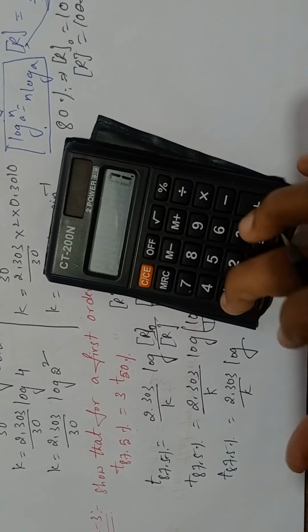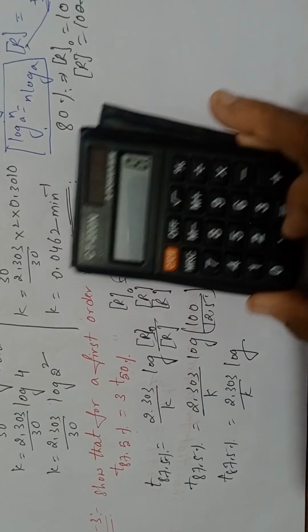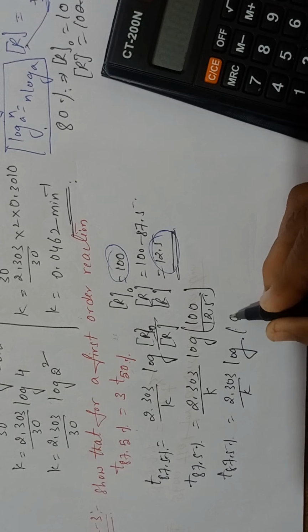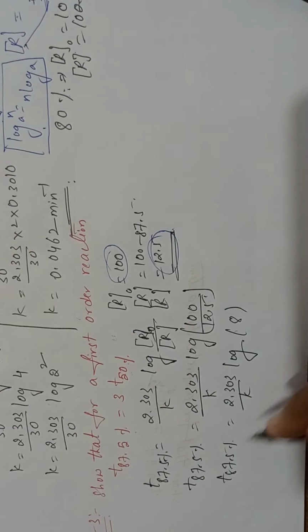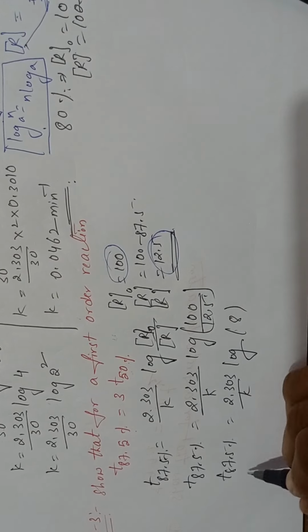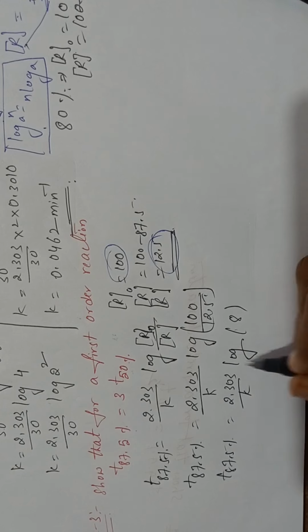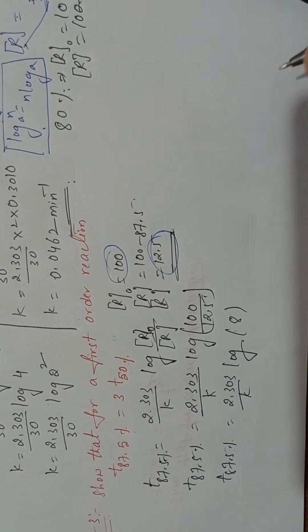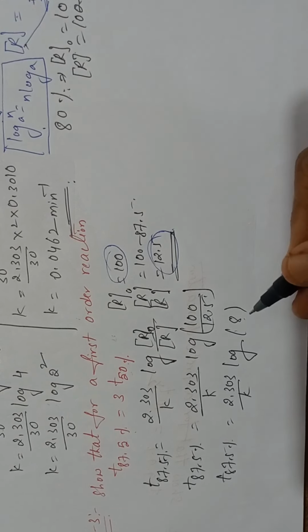How much is 100 divided by 12.5? How much, students? 8 is the answer. So log 8 we will get. Understanding, students? So this is the T 87.5 value, log 8. So what is the log 8 value, students? Once you check, I kept in the previous videos how to see logarithm values. Once you go through that, log 8 is nothing but you have to see in the log table, 80 under 0.